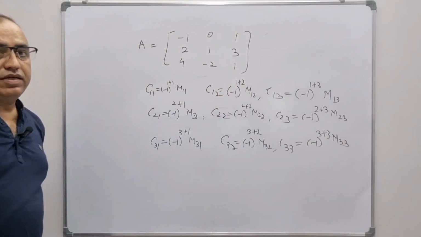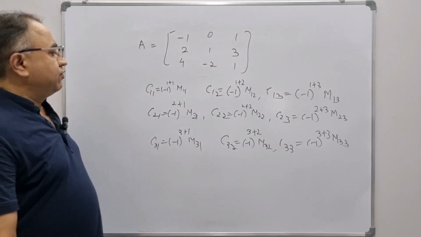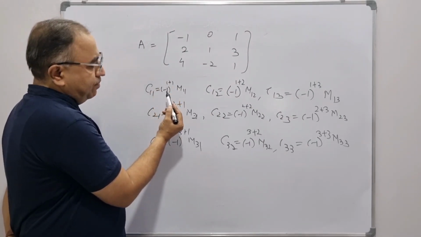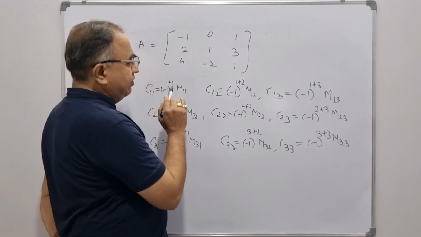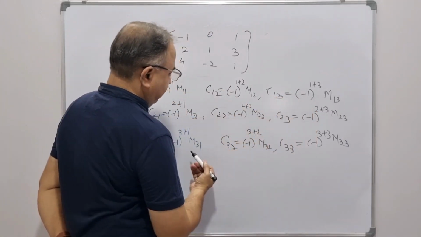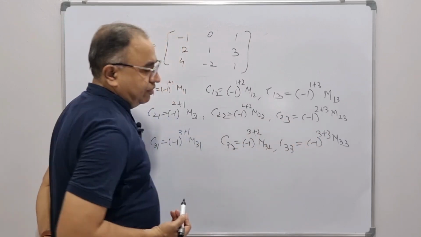This is how we find the cofactors. Here minus 1 raised to the power 1 plus 1 is plus 1, so the signs alternate: positive, negative, positive, negative, positive, negative, positive, negative, positive.